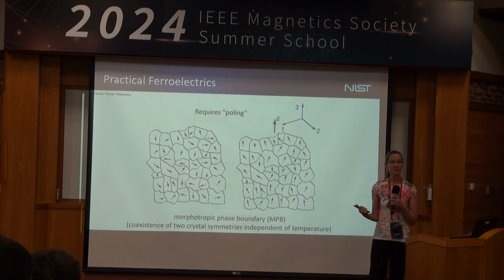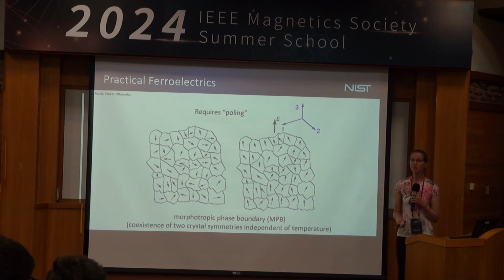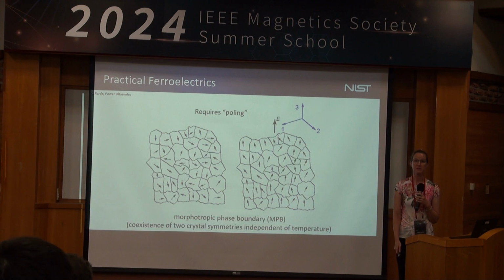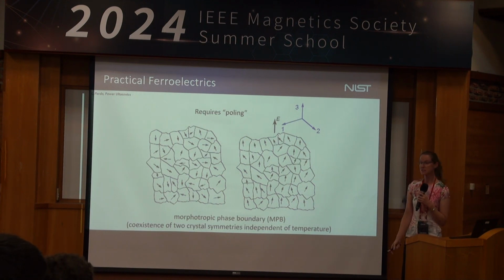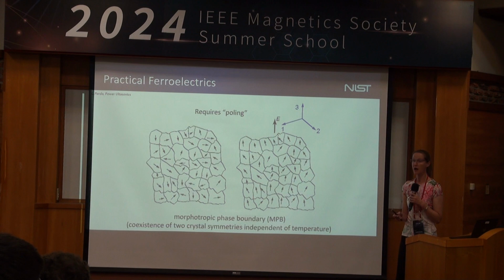One thing I want to point out, because it's a term often used in this literature, is that it's generally viewed as desirable to have what's called a morphotropic phase boundary. Basically, this is a coexistence, at the same temperature, of at least two crystal symmetries. The idea is that the more crystal symmetries you have, the more polarization axes you're going to have, and so this will overall improve the piezoelectricity of your system.